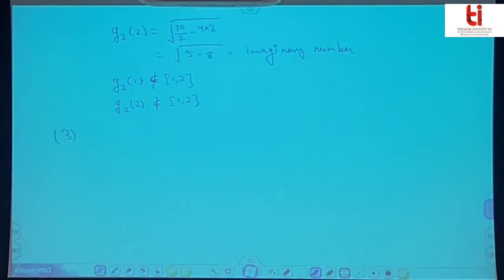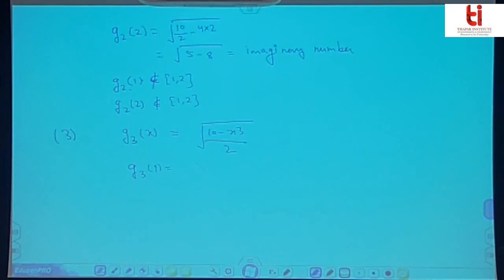Let us check the third function of g that we assumed here. g3(x) is what? That is square root of (10 minus x cube) upon 2. If we are taking g3(1), what is coming out to be? We are checking g3(1).